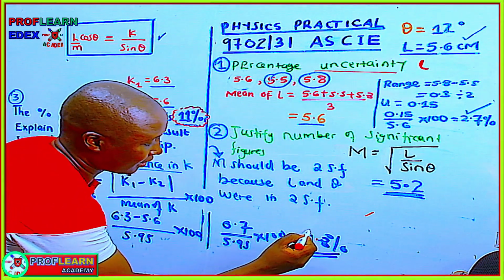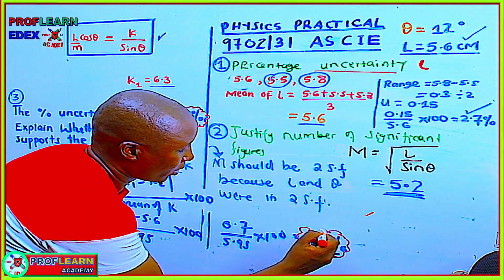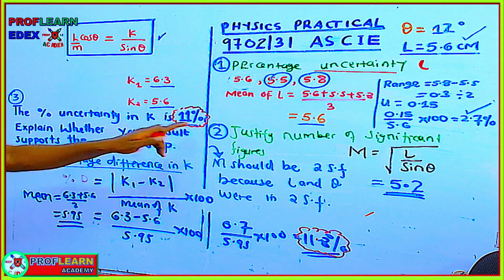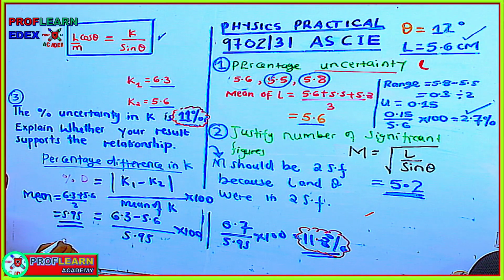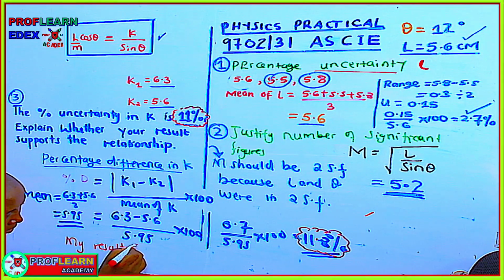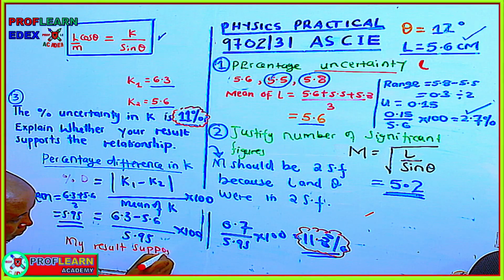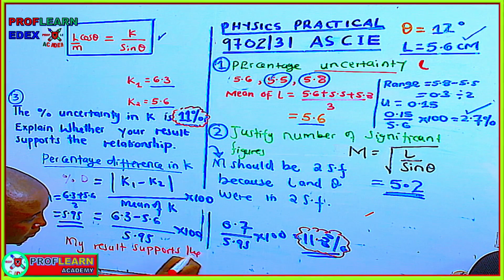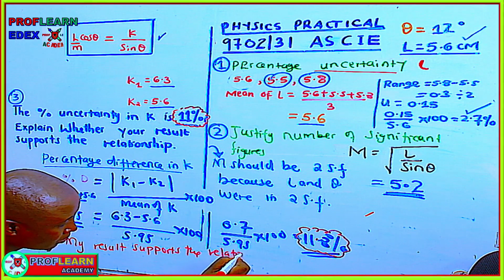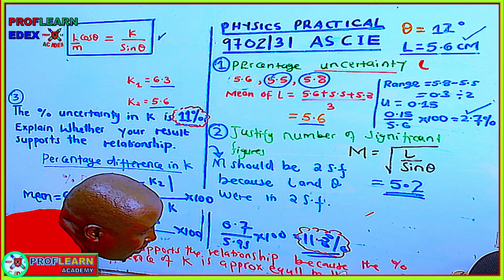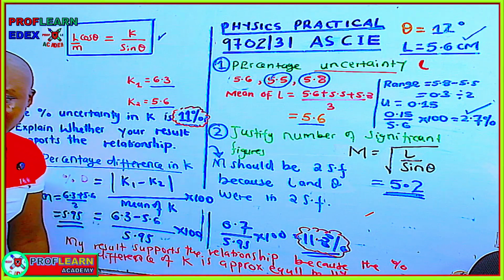We are comparing this answer we have gotten with the answer that we have here. We can say my result supports the relationship to 11%, which is the percentage uncertainty.